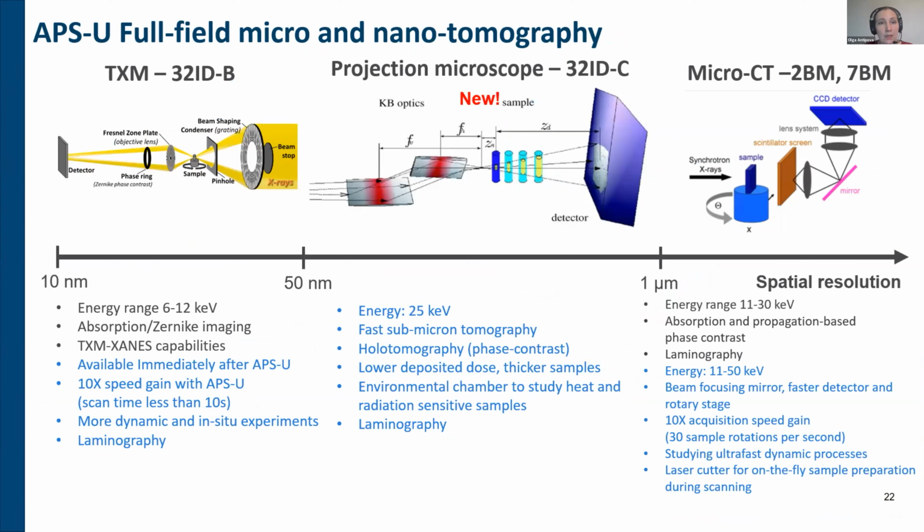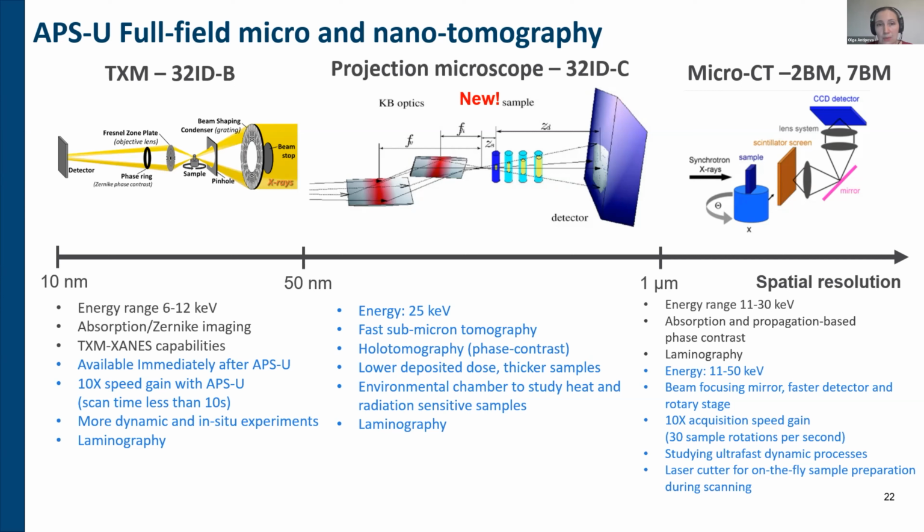Our full-field imaging beamlines will expand their capability as well. They will go fast. They will go way fast, you cannot imagine. They will go with 30 sample rotations per second at micro-CT beamlines. They will enable laminography at high resolution instruments.